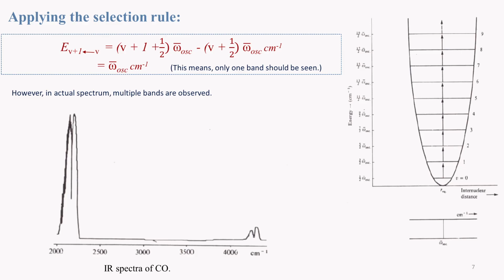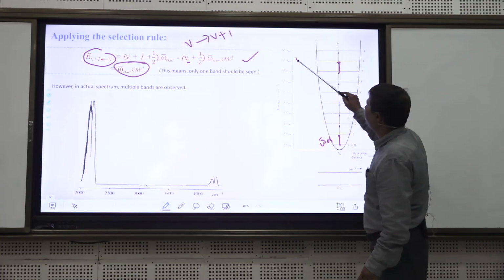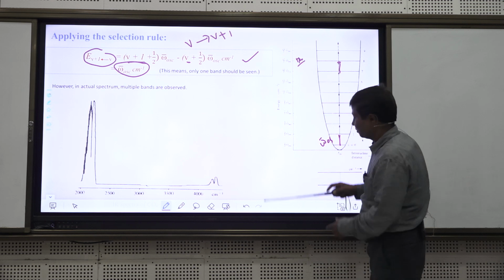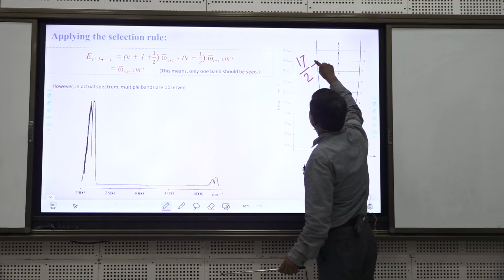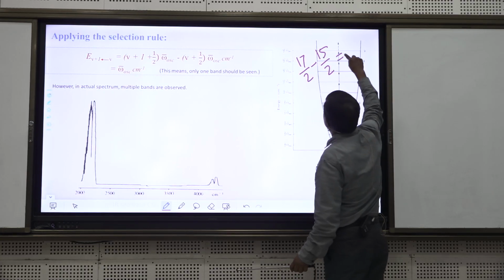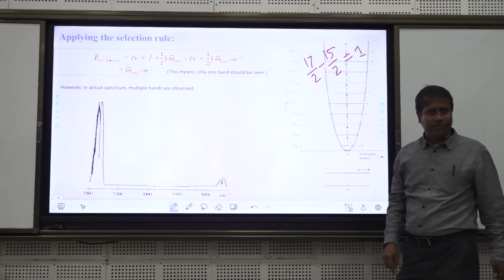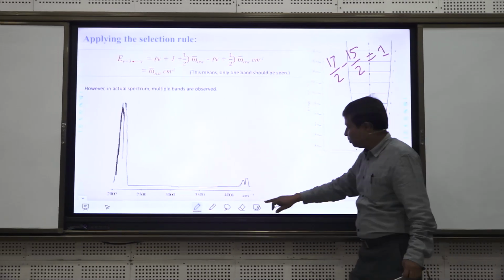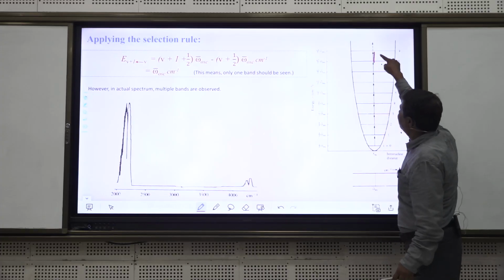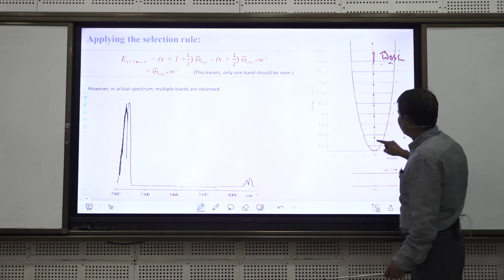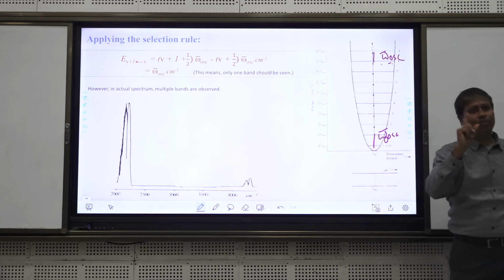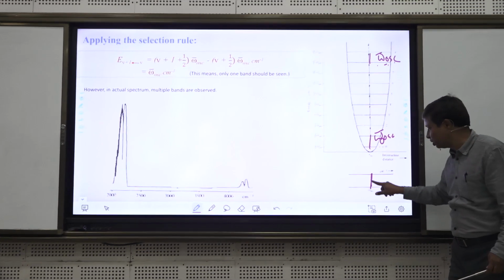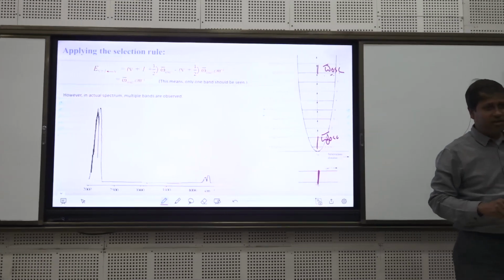If you think of a transition from here to here, calculate, this is 1. So everything is giving the same position. Every band is coming in the same position.